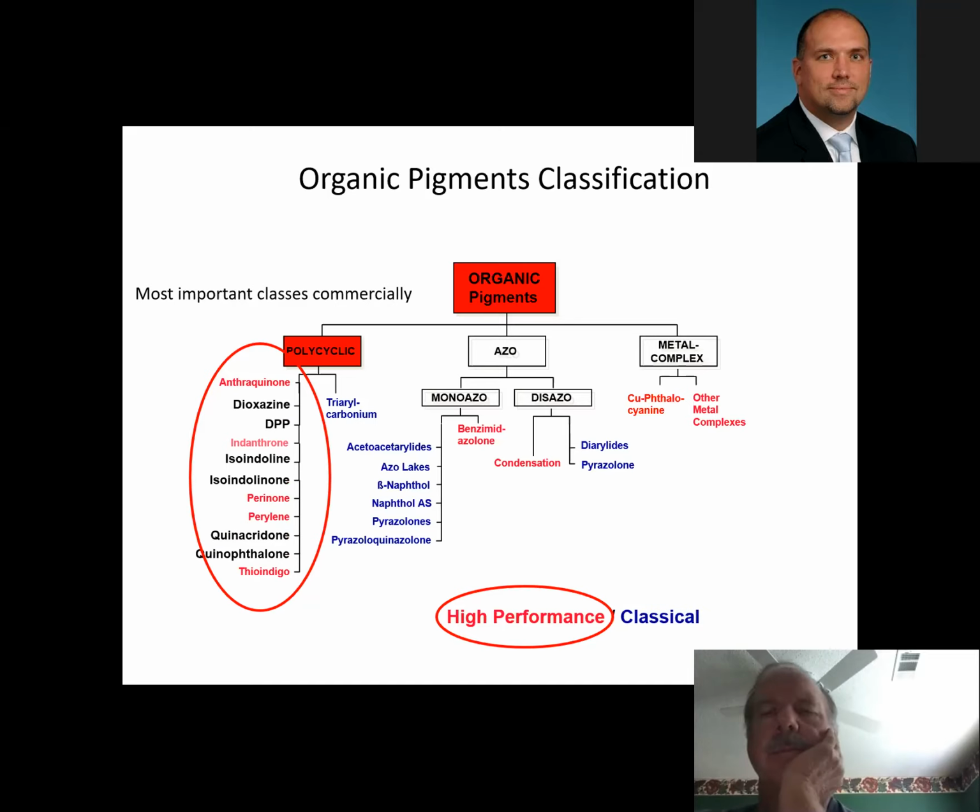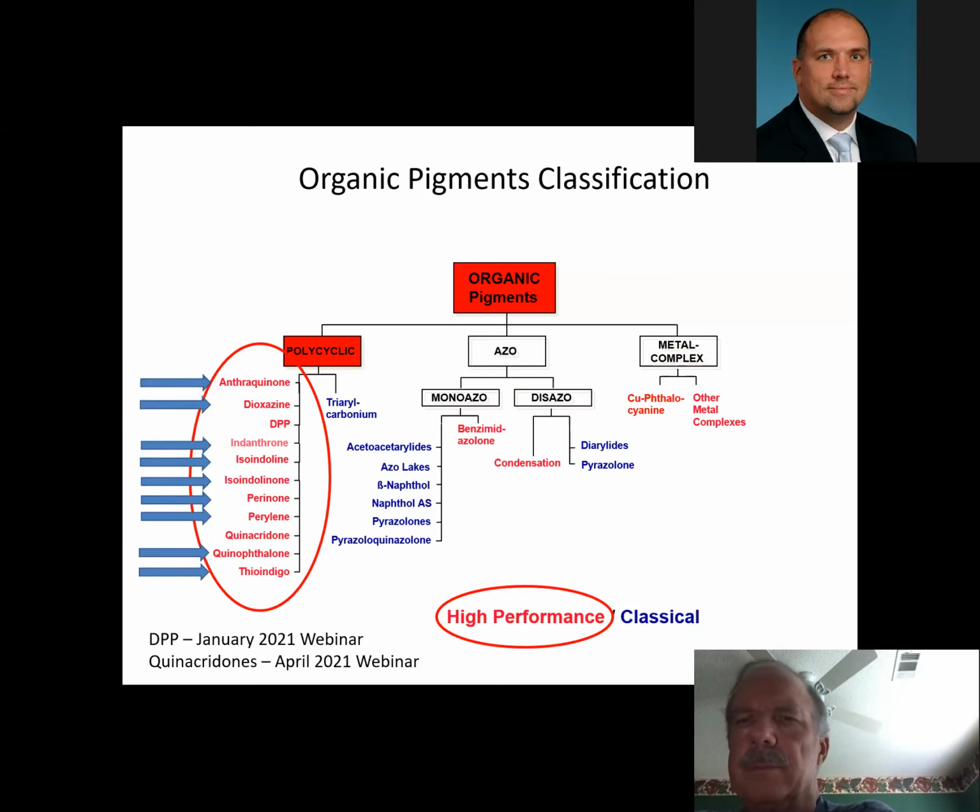As far as the important classes that are commercially available, I've highlighted here those that are the most important: the dioxazine, the DPP, the isoindoline, the isoindolinone, the quinacridone, and the quinophthalone pigment families are of most importance from a commercial aspect. However, all the other ones are still available in the marketplace.